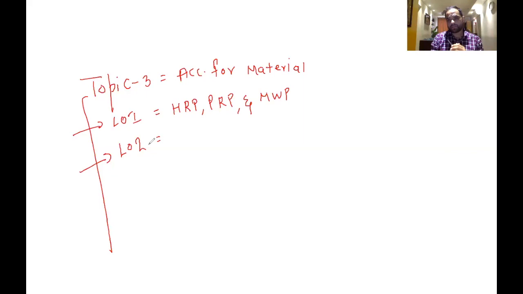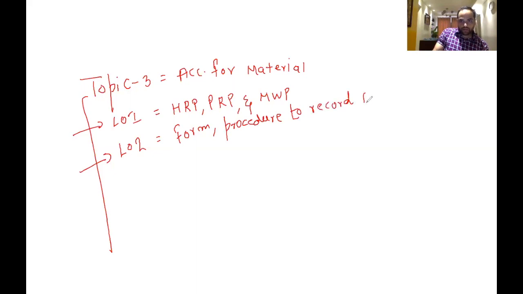So make sure you watch my previous videos to understand all this information, right? So mainly about the forms and the procedure, right? Forms and procedure to record labor cost, right? What is a form and what is a procedure?